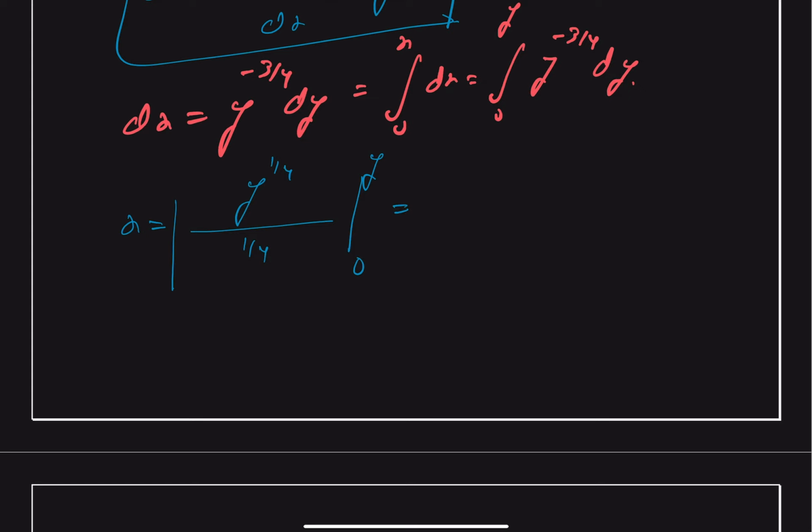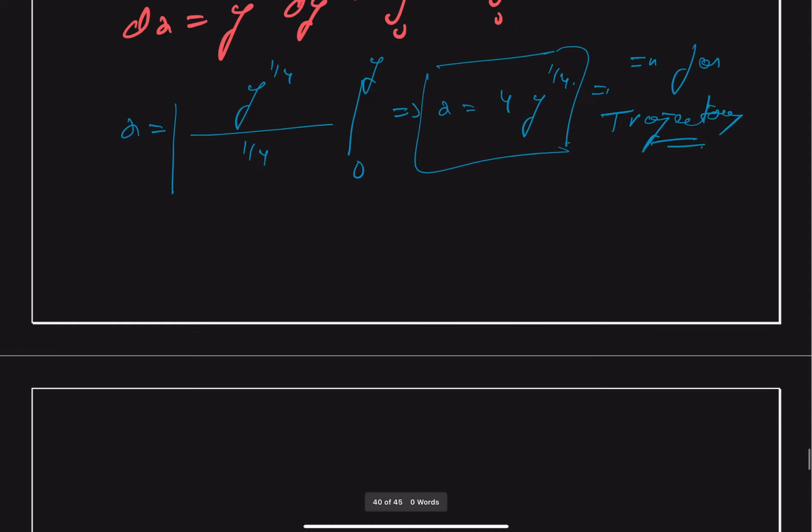So this gives us that our x is equal to 4 times y raised to power 1/4. So this is our equation for the trajectory.